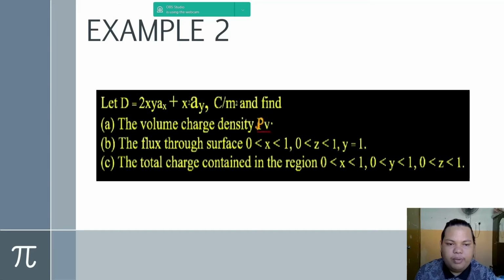And today I will present the application of cylindrical coordinates and the divergence theorem. Okay, the question is: let D equal to 2xy ax plus x squared ay C per meter squared, and find the volume charge density, the flux through the surface on the given limit, and the total charge contained in the region.